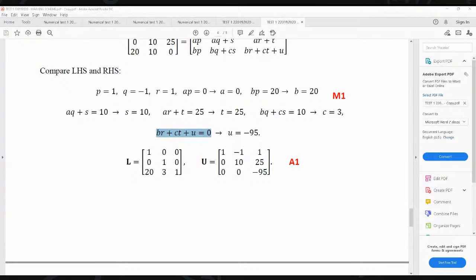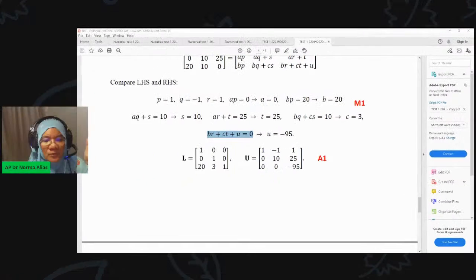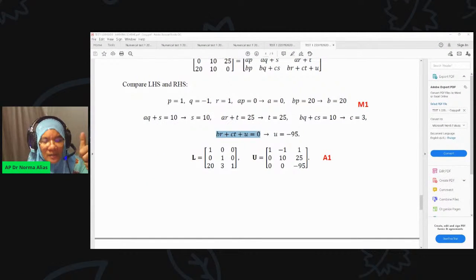Can you decompose matrix A to LU in 10 minutes by finding the parameters P, Q, R, S, T, C, and so on? If you can do that, very good. If you can, it's very good because you are an expert in pressing your calculator and getting the value. If you can do it in 10 minutes, even better.